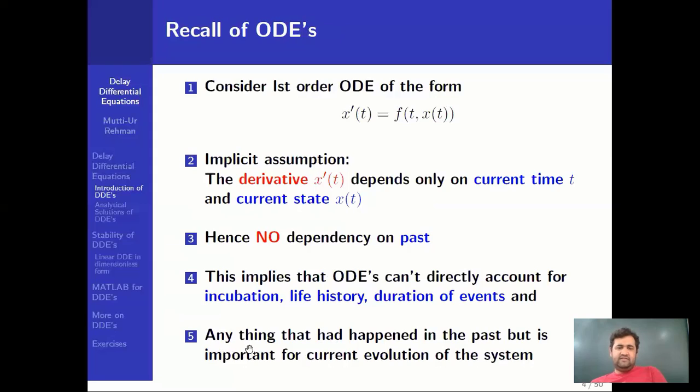Or you can say anything that is going to happen in the past, but of course, it is very important for the current evolution of your system under consideration. Then, of course, you have to look at delay differential equations rather than ordinary differential equations.